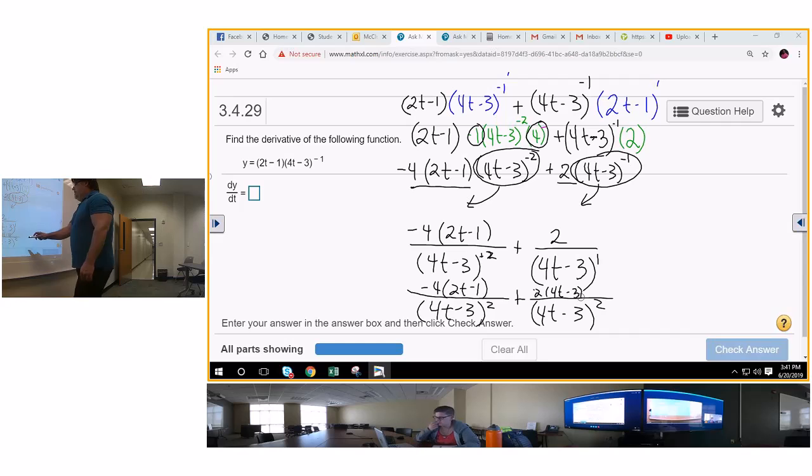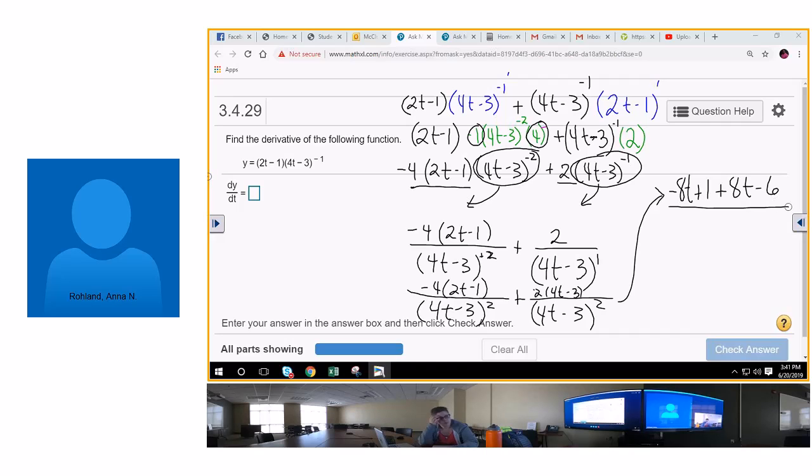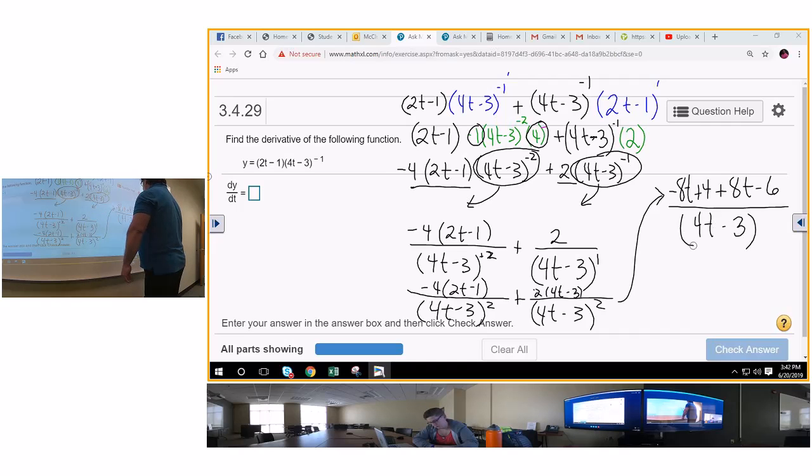And that is going to give us -8t plus 4, plus 8t minus 6, over 4t minus 3 to the second power.